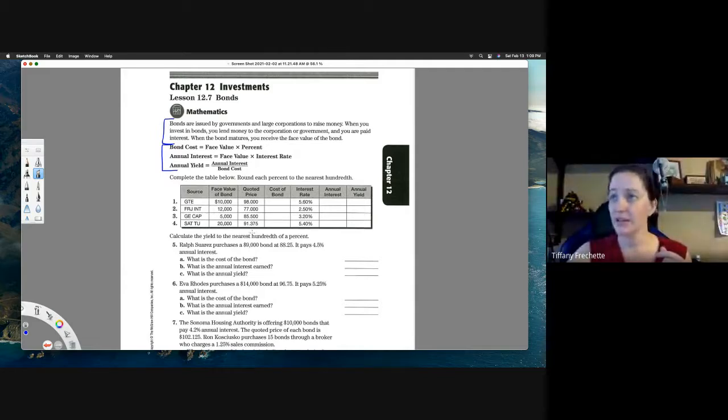And then quoted price. So this is where it gets a little bit weird. You can kind of treat it like a percentage in a way. So if the face value is 10,000, what this quoted price is saying is that for every dollar, you're actually only paying 98 cents of that dollar. So you're actually getting a deal.